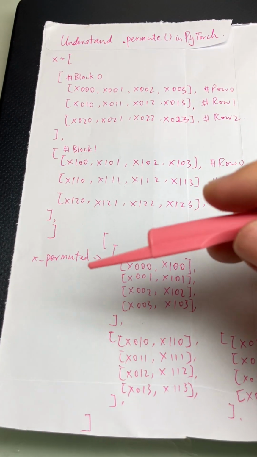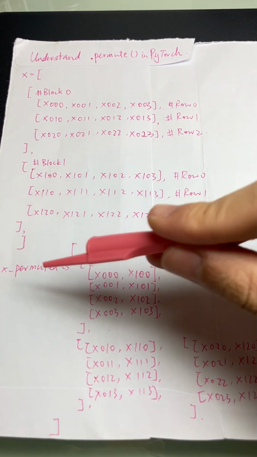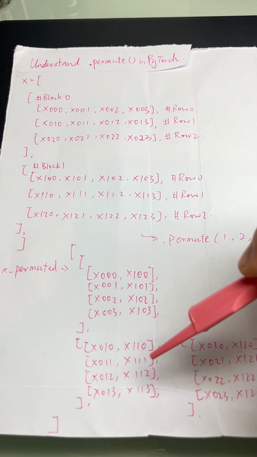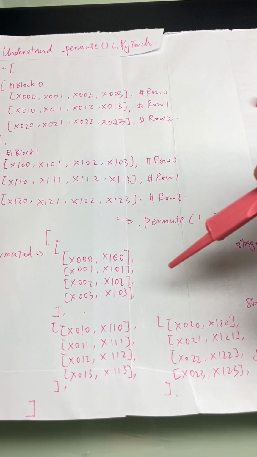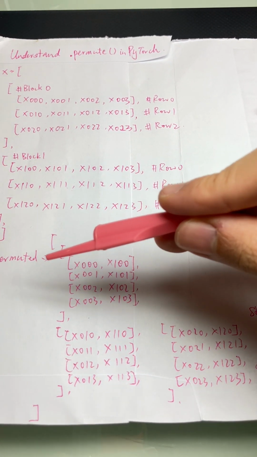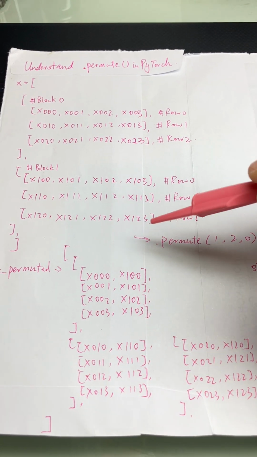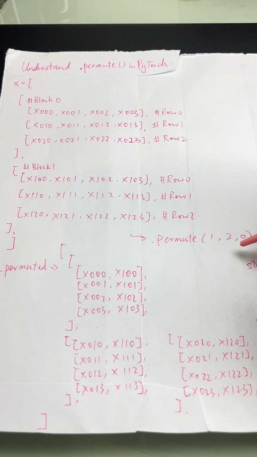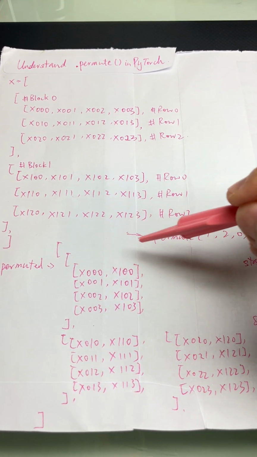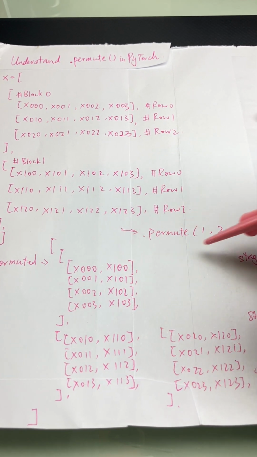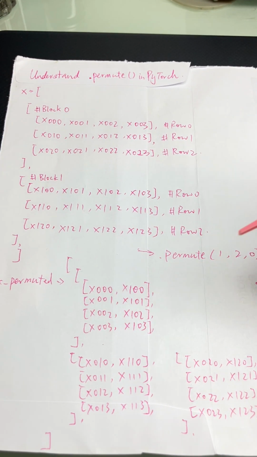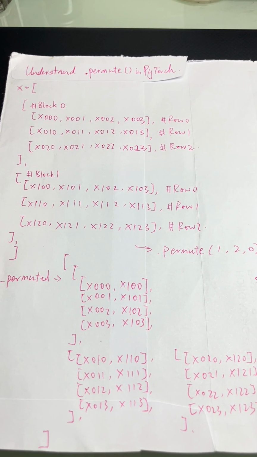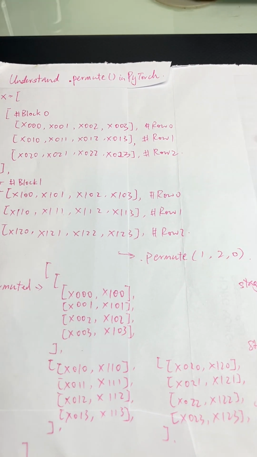So here I will show you the final version of this permuted tensor for our validation purpose. We will try to work out the final version for this function, and you will see how the new positions can be found pretty easily.